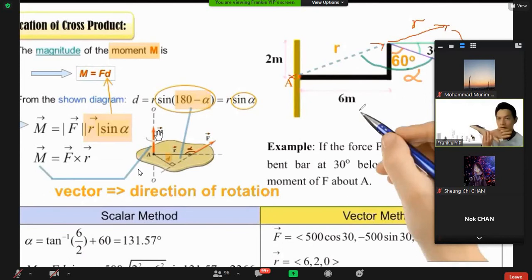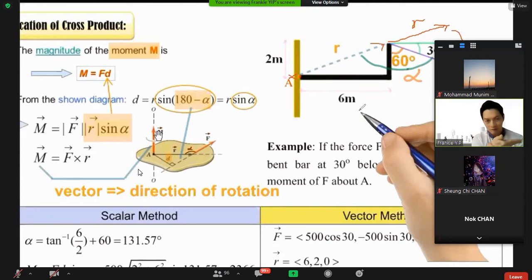Yes, F cross R. R cross F is this one, and then F cross R. Yes, this is F cross R. It's pointing upward.